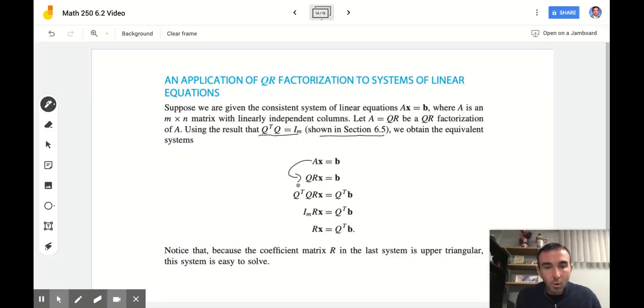We can multiply both sides on the left by Q transpose. That's allowed through matrix multiplication properties. Q transpose times Q is equal to the identity. Again, that's this little fact we're taking right now, but we'll talk about later. And then the identity times any matrix is the matrix itself. So we end up with this nice little fact here.